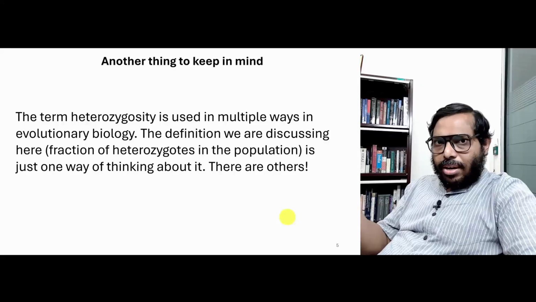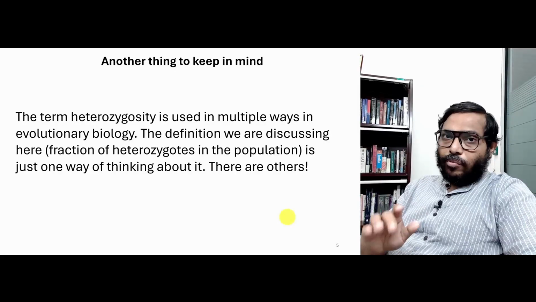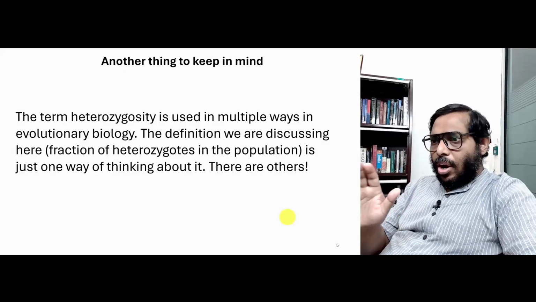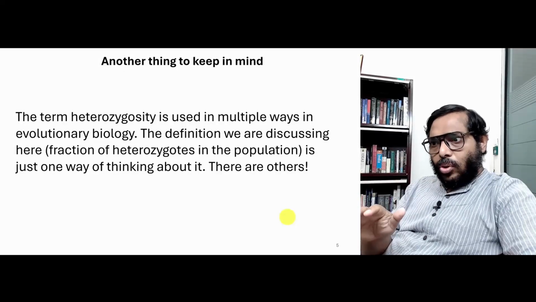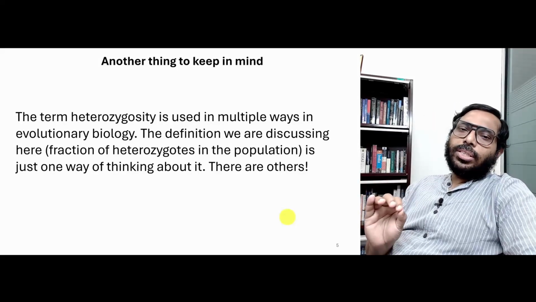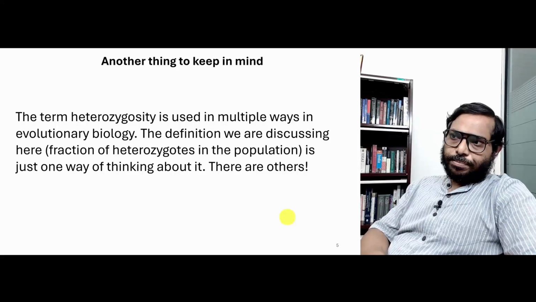Often it becomes clear just by reading the context what exactly they are talking about, sometimes it does not, so you have to be careful. But anyway, in the context of our discussion for this course, we are going to stick to heterozygosity as the fraction of heterozygotes in the population.